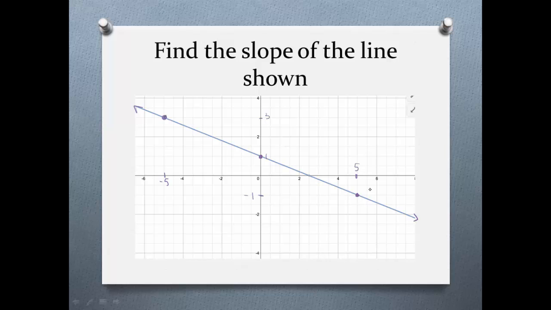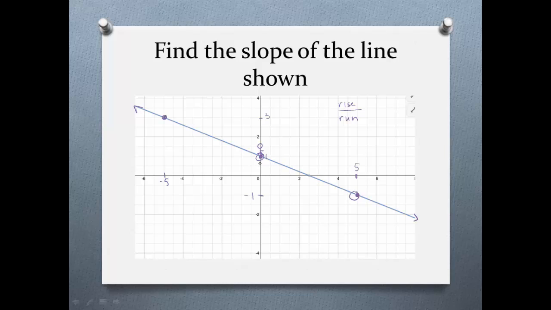And so if I want to figure out what my slope is, I imagine I'm standing at one of these points. Let's just say I'm standing at this middle point, and I want to walk to one of the other points. I'll go to the right first. So let's say I'm standing at this point right here, and I want to get to this point over here. My slope is my rise over my run.